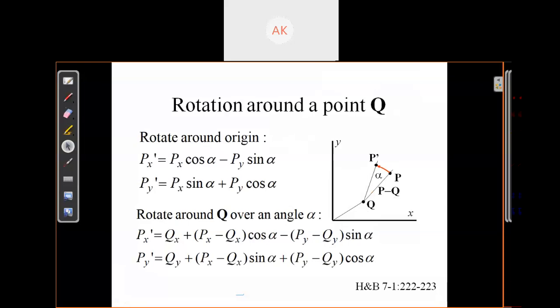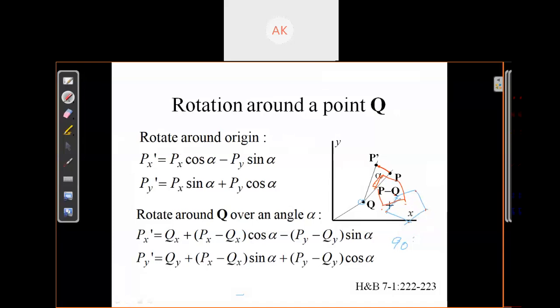Suppose you want to rotate a polygon from one position to another, and you rotate it about this axis by 90 degrees. You transform the vertices of your object and redraw it.